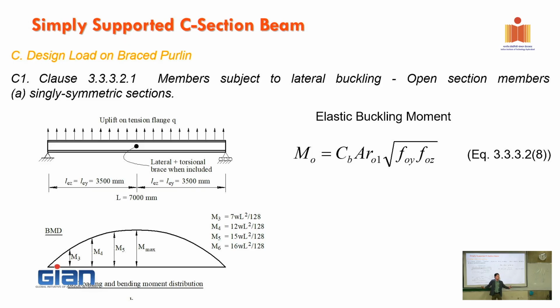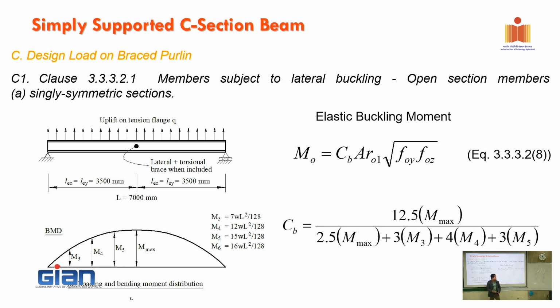If this is a fixed end, you get a bit of hogging moment here, then this will change CB. So it depends on simply supported or whatever shape of the bending moment. From that shape, you can calculate M3, M4, M5, and M max. It's just simply quarter, half, three quarter, and then maximum. From that, you plug into this equation and you get CB.